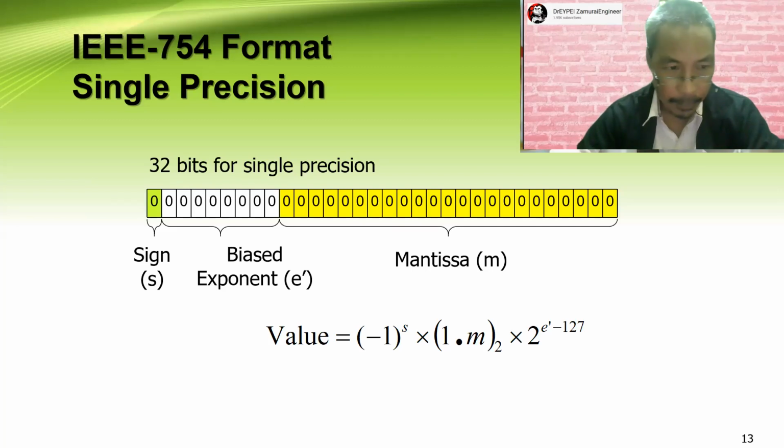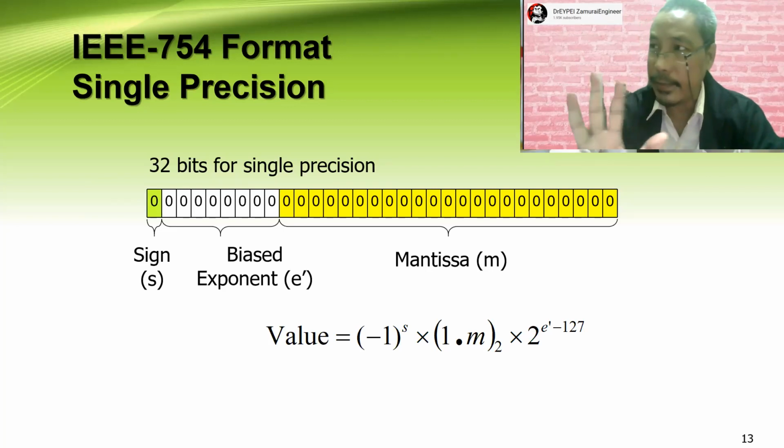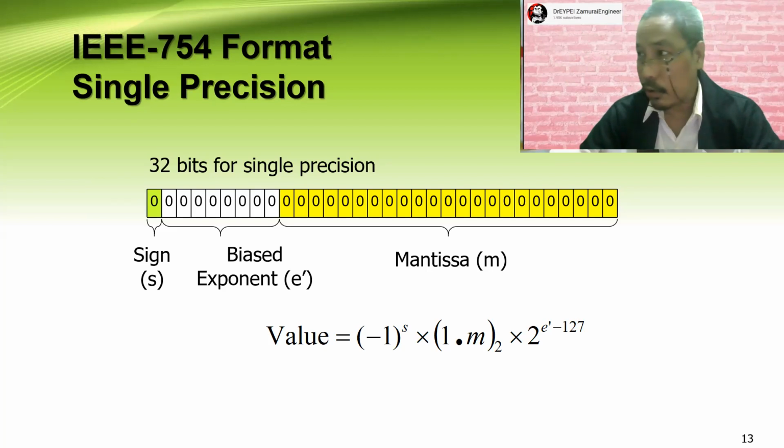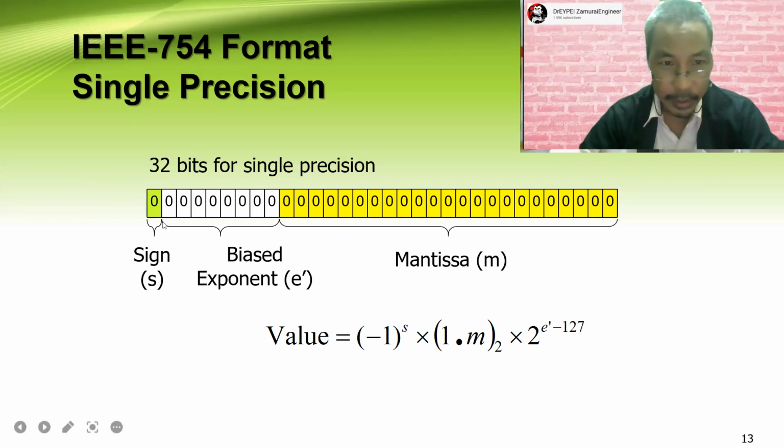Okay, so we have an example, 32 bits. There are still computers and software that will run on 32 bits. The new laptops, the new desktop computers are now 64 bits. Okay, 32 bits for single precision. How is it represented?